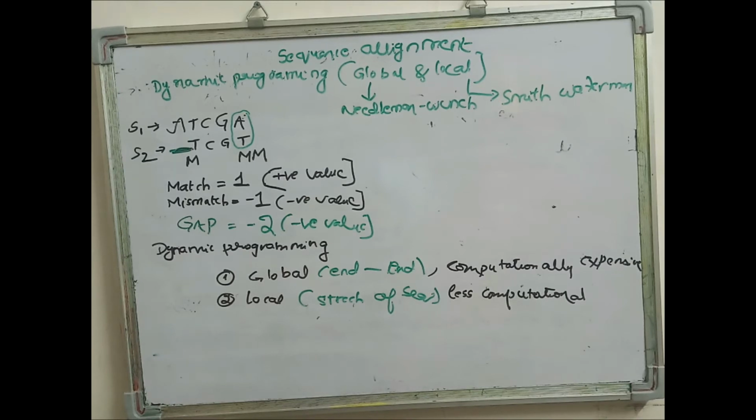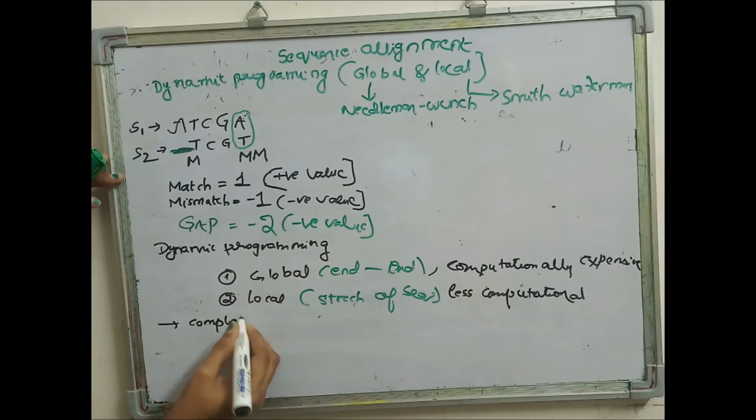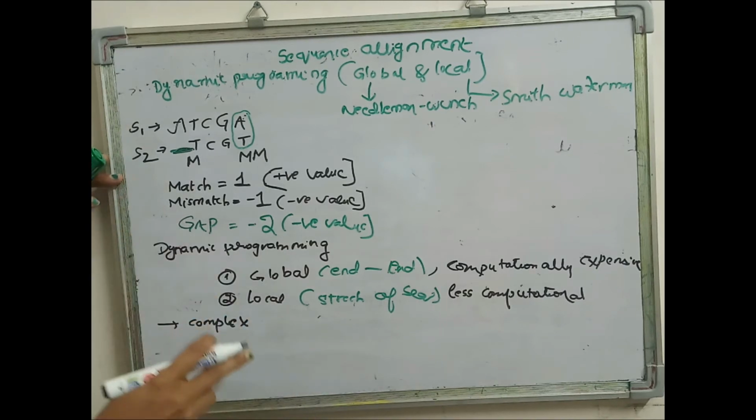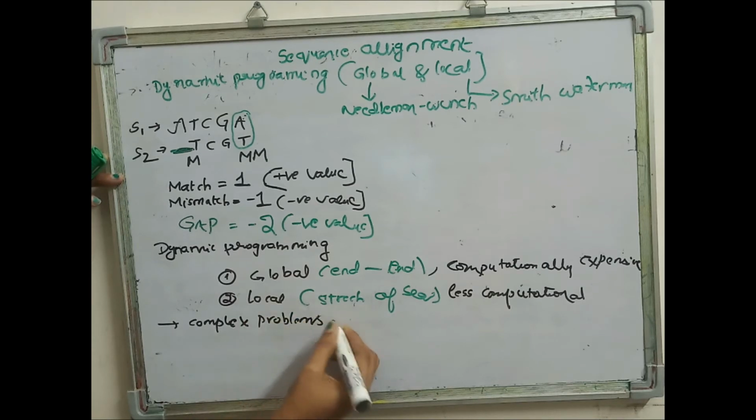Dynamic programming solves complex problems by breaking them into simple sub-problems. It assumes a whole set of sequences as a complex problem and tries to break it into small problems.